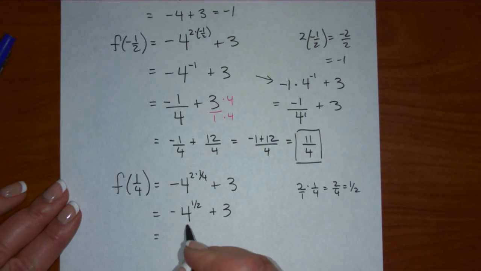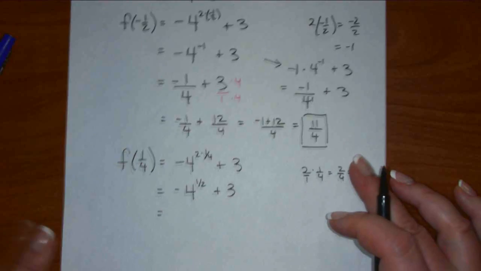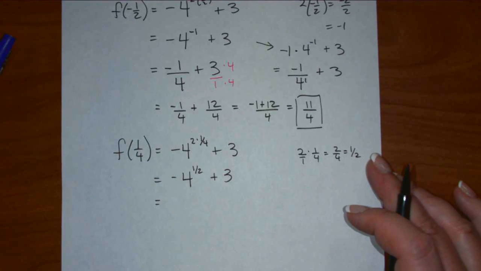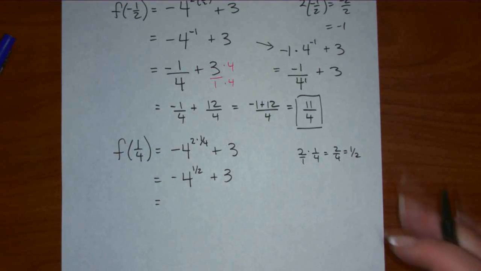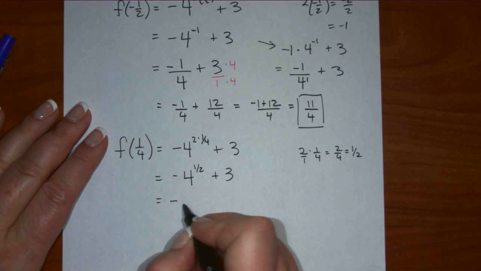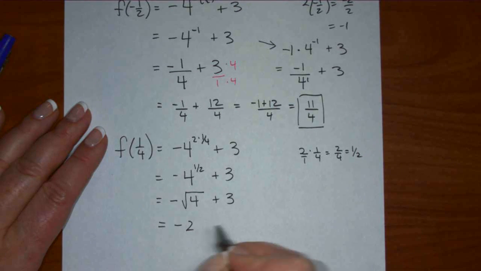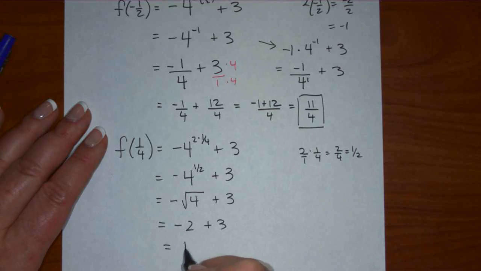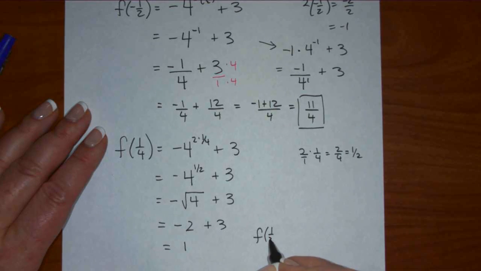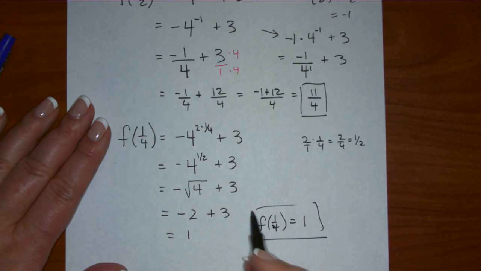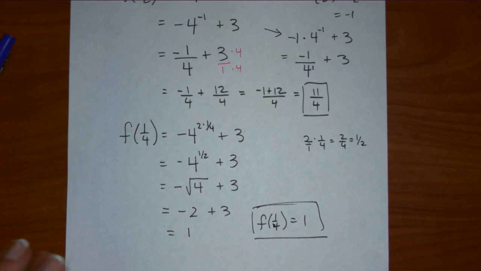But is it minus under the square root? No, because that minus is like in front of the 4. It's not part of the 4. So this is minus square root of 4. So f of 1/4 is 1. Okay, so that's just plugging numbers in.